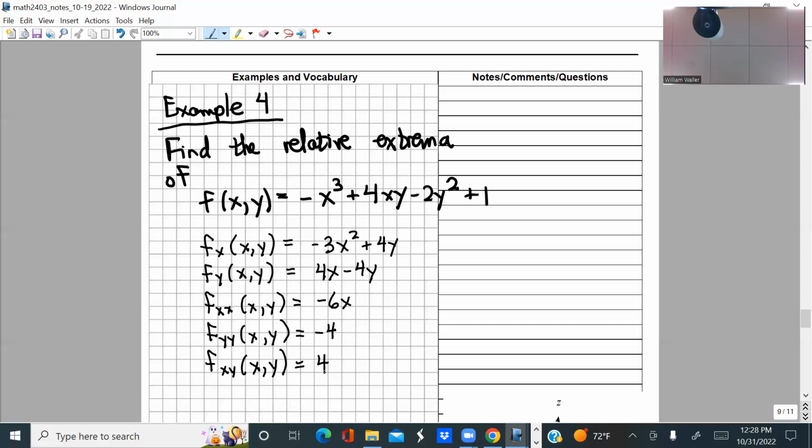Okay, so that's kind of the automatic part. And then conducting the test is also kind of easy, right? The hard part here, as it frequently is, is solving equations, right? Because you've got to set the first partial derivatives to 0, and then you have to see if you can find the simultaneous solution to these two equations, and that's not always easy, okay?